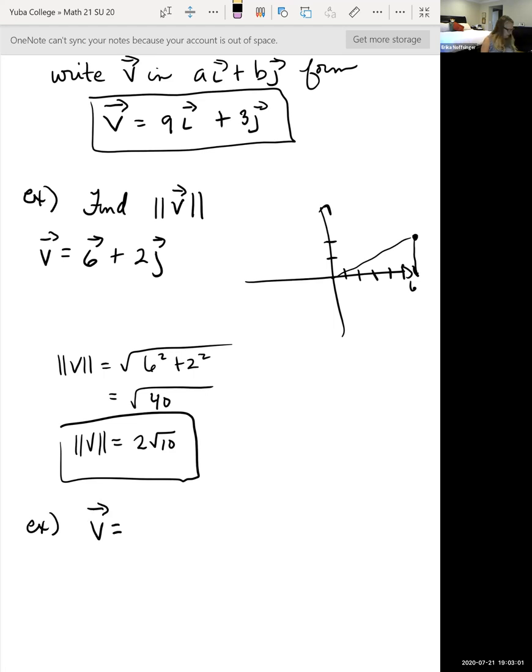So if you're given your vector V, let's say is 3i minus 5j. And W is given to be -2i plus 3j.